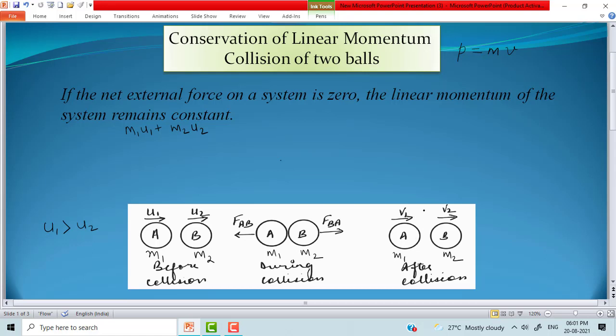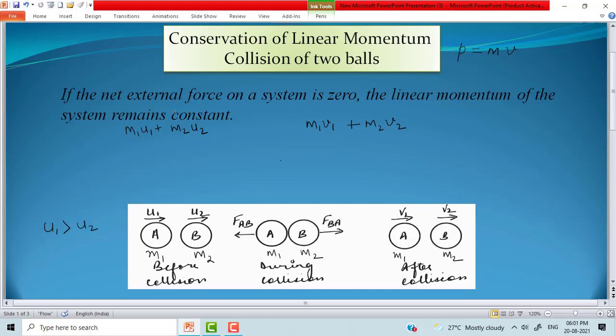The final momentum of A is m1 v1, mass into velocity. And the momentum of B is m2 v2. And the sum is the total momentum of the system.